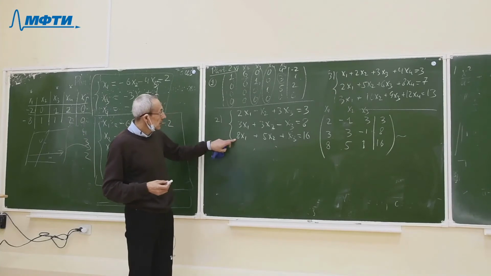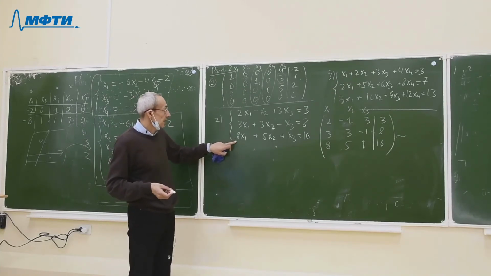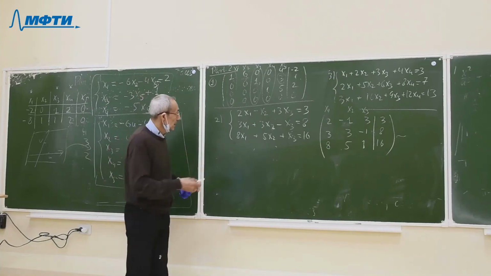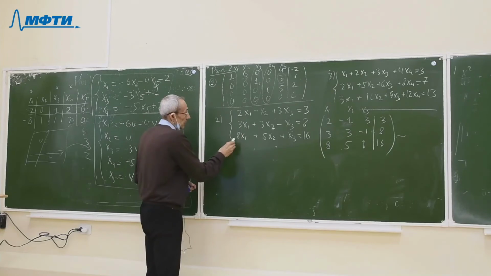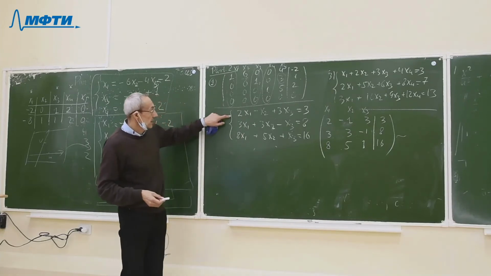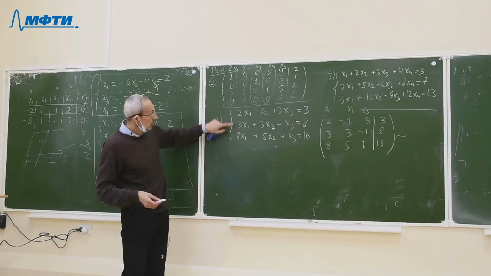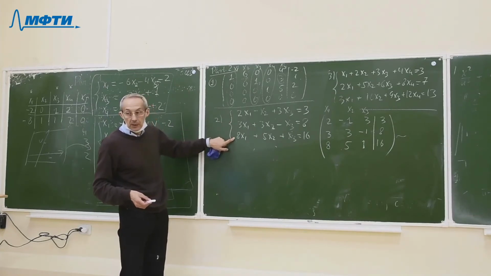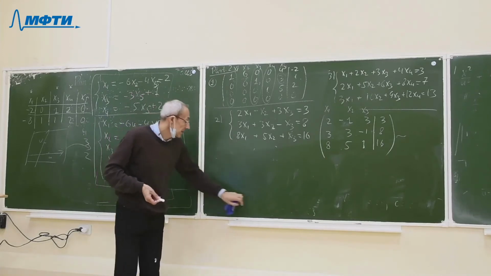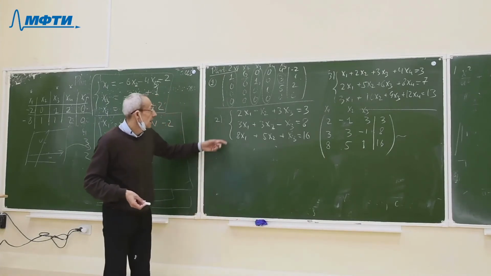How to exclude variable x1 from the third equation? Easy to see. If we subtract from the third equation the first multiplied by 4, we obtain 0 and exclude this term.